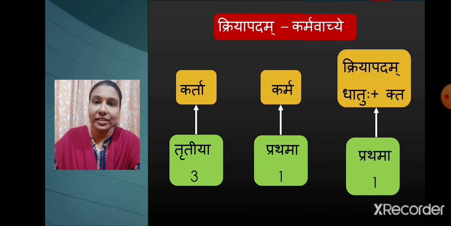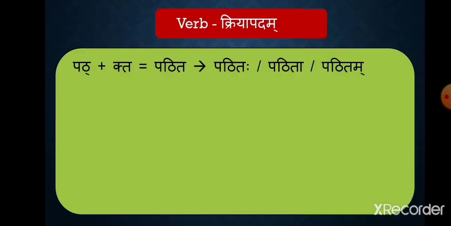Let's try to understand the concept with the help of some examples. Pat plus kta dhatuhu, the forms are pathitah, pathita, pathitam. Let's see a sentence. Maya pathah pathitah.